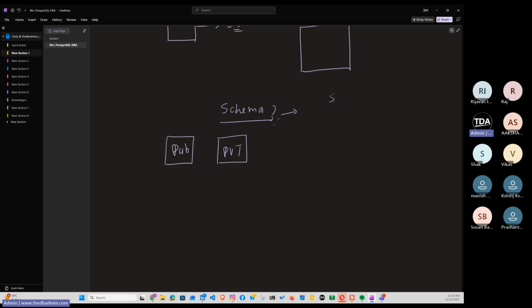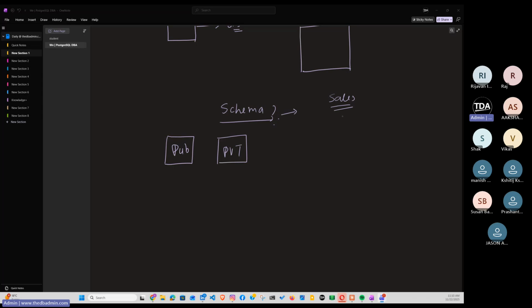Let's suppose I am creating a database for sales, and I want to categorize the specific tables which come under sales. What I do is create a schema, right? And all my sales related tables go inside my sales schema.